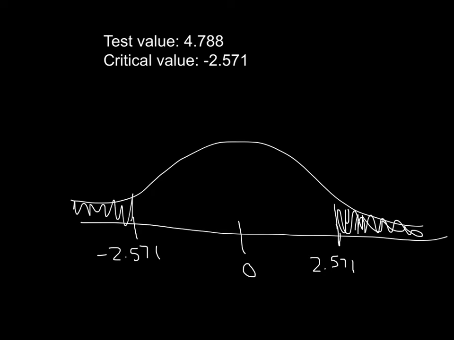To the right you will have your test value of 4.788. That test value falling in the shaded region will give you reason to reject your original hypothesis.